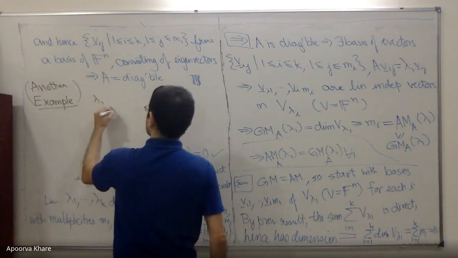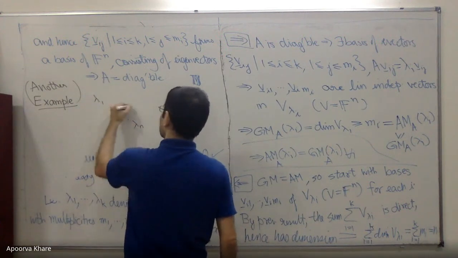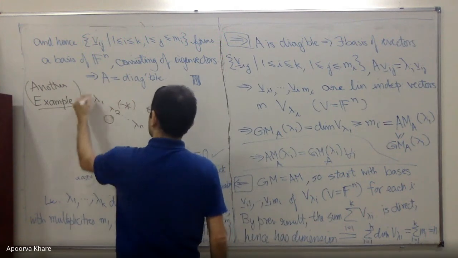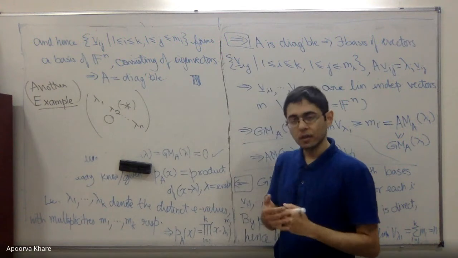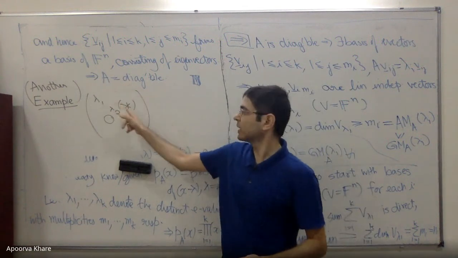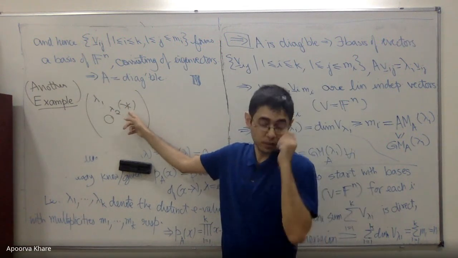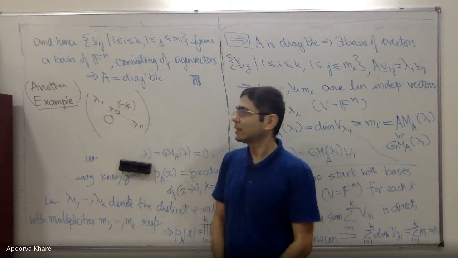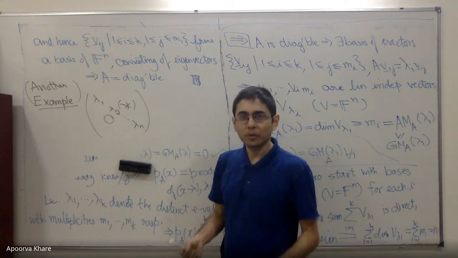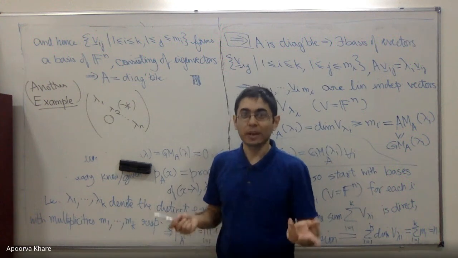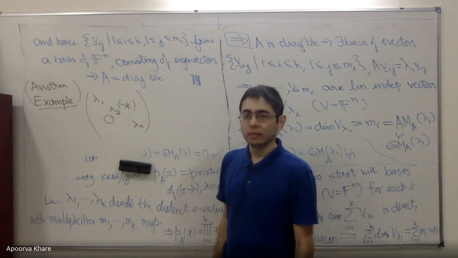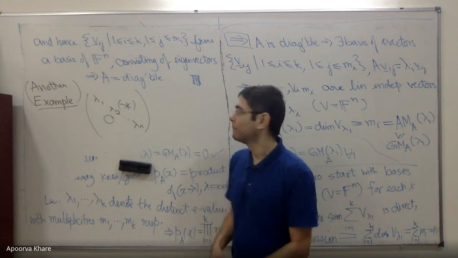Lambda_1, lambda_2, through lambda_n on the diagonal and stars above. And I know all the lambdas are distinct. Now clearly this is not a diagonal matrix because there can be non-zero entries above it. But if all the lambdas are distinct, then you can check that AM equals GM always because both are actually equal to 1. And so it is diagonalizable.